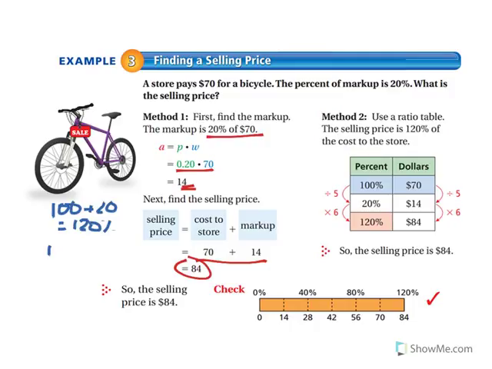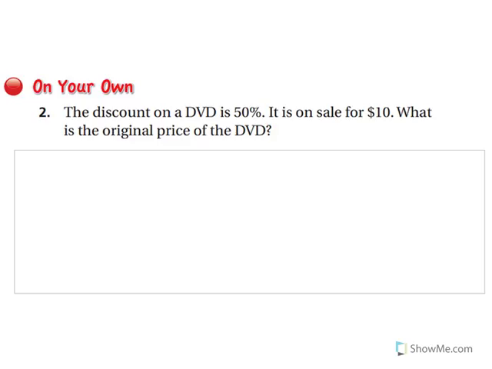So I'm doing 1.2 times 70, give me $84. That's the other way you can do it. Either way is fine with me, but you end up finding out that the selling price is $84.